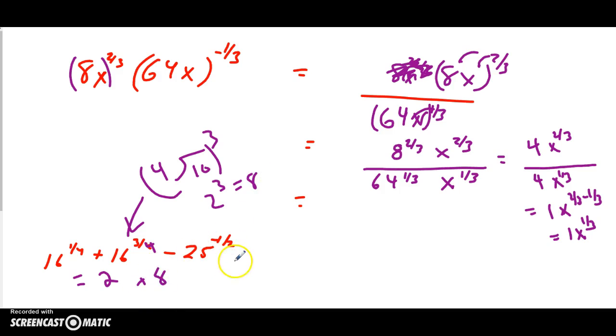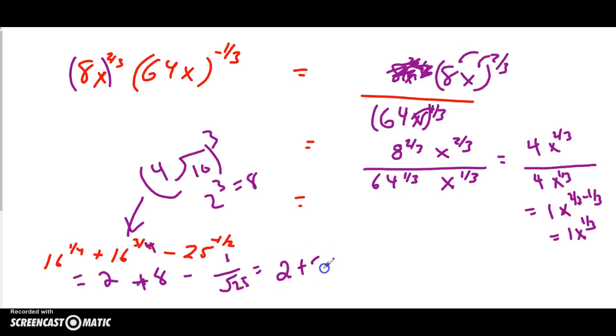Here I have the negative 1/2, so I want the square root of 25, but because it's negative, it goes on the bottom of a fraction. I get the reciprocal: 25 to the negative 1/2 becomes 1 over 25 to the half.